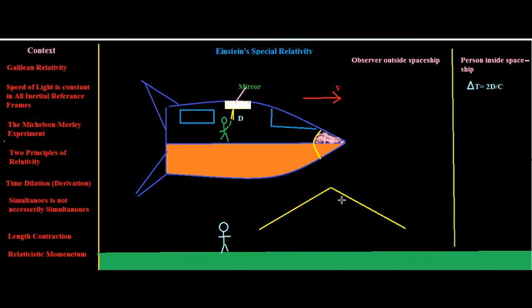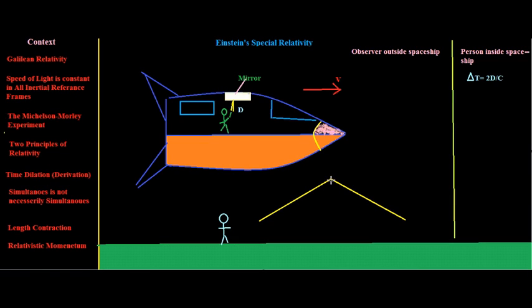Since this distance is the same as the distance from the person's hand to the mirror, we could write this distance to be d.